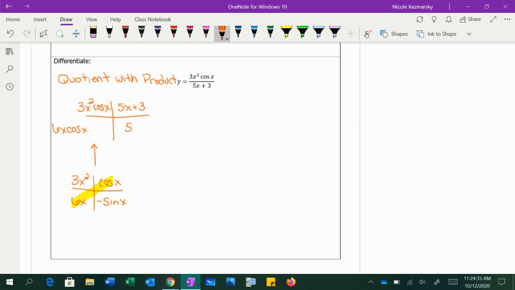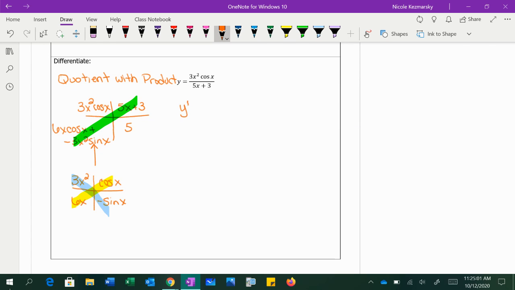And this is a product rule, so I'm going to do plus. And then I'm going to do the other diagonal, which has a negative sign, so I'm going to be a little clever here, and I'm going to say minus 3x squared sine of x. And then I'm going to put together my quotient rule. So I'm going to start with that product rule that I just did and do this green diagonal.